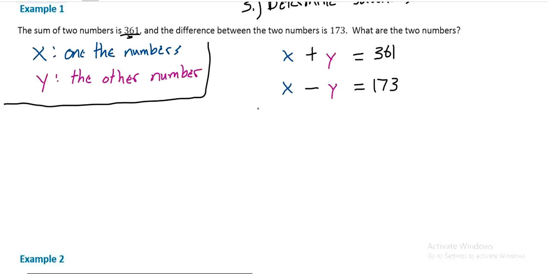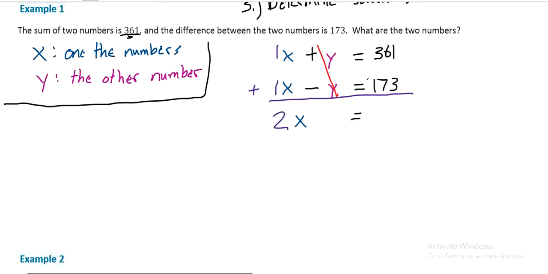We're going to use elimination in this case because I look and I say, oh, we have a positive y, and right below we have a negative y. So that's going to be super easy to eliminate one of the variables. So let's add them together. x plus x, remember there's an invisible 1 in front of each, so that gives us 2x. Positive 1y plus negative 1y cancels out.